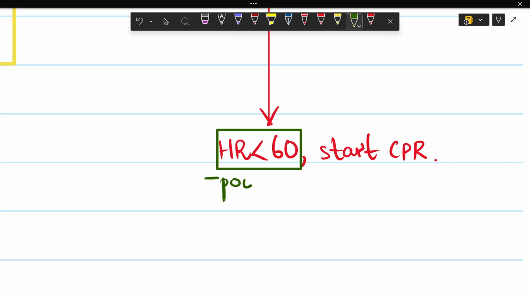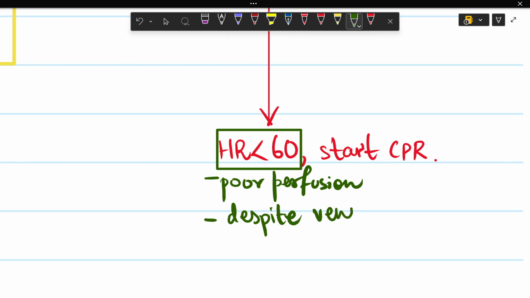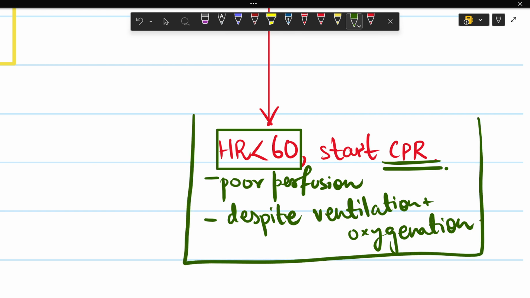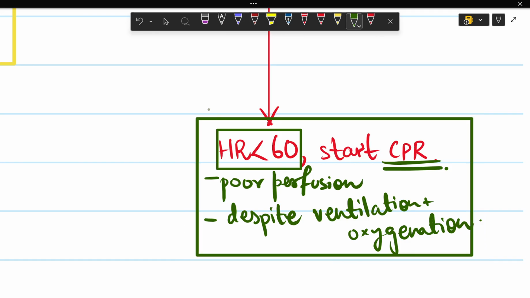Okay, if the patient has poor perfusion, so despite the ventilation and oxygenation, CPR needs to be started. Okay, despite ventilation and oxygenation that you have been providing. So in addition to that, CPR needs to be given.